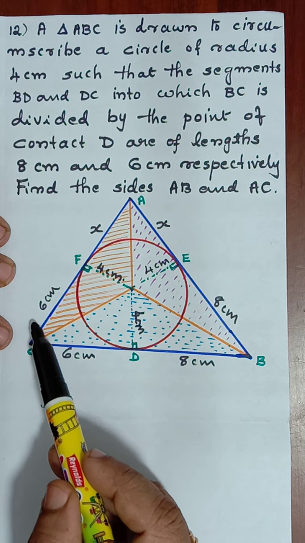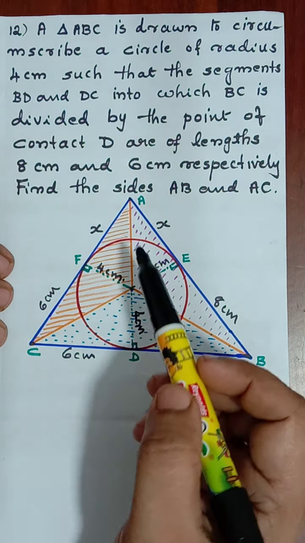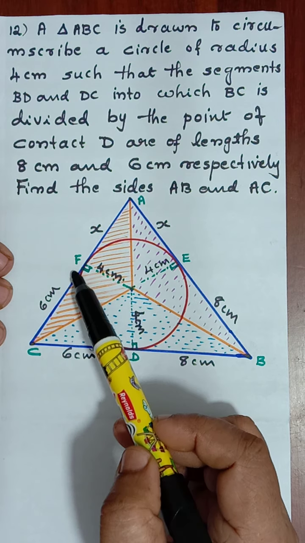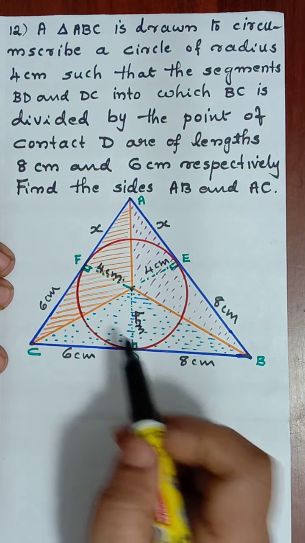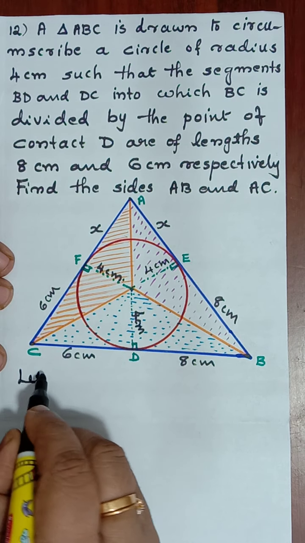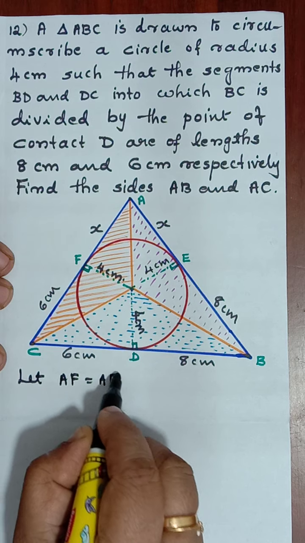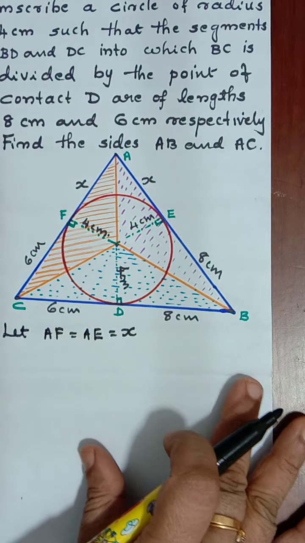We will understand by theorem. So whatever is unknown, we will mark it as x. Here, AF is equal to AE. It is understood from the theorem. So let AF is equal to AE is equal to x units, or x centimeter.